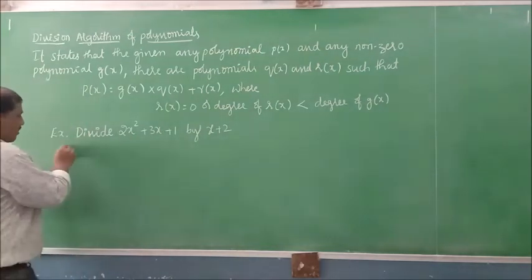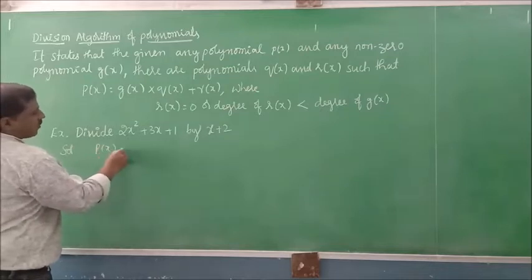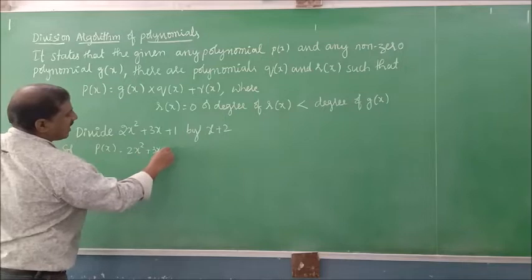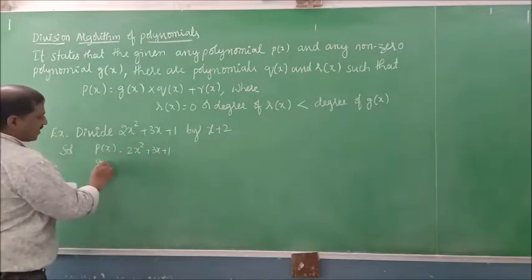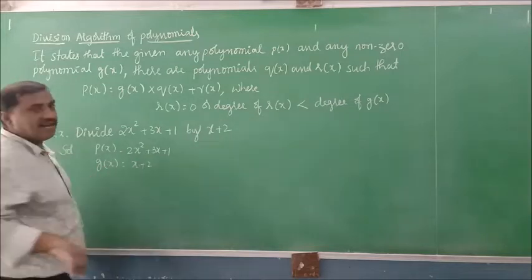So let p of x equal 2x square plus 3x plus 1, and g of x equal x plus 2. We have to divide this.